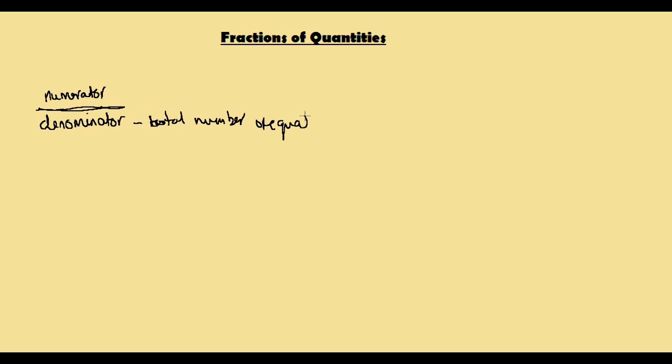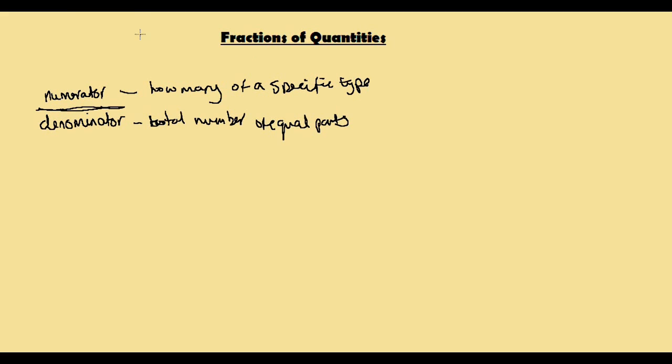And then the top part, the numerator, is how many of a specific type.